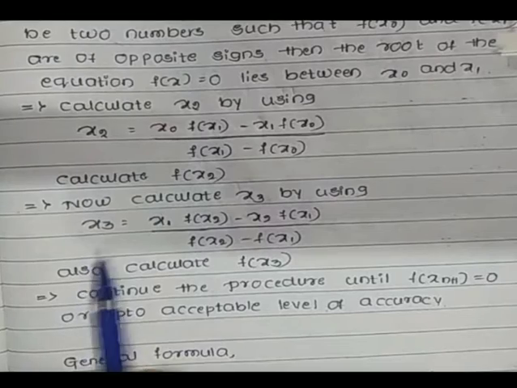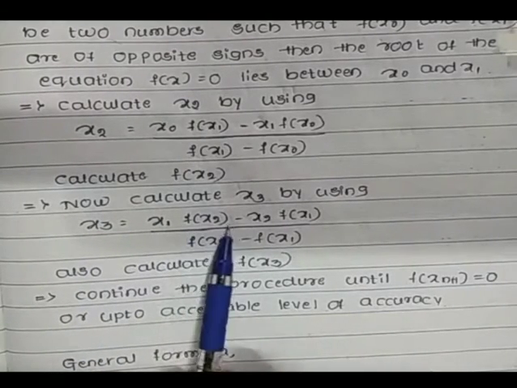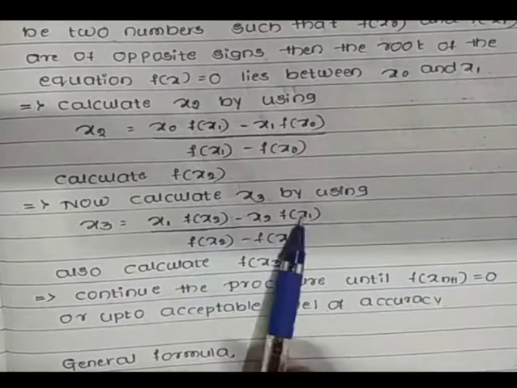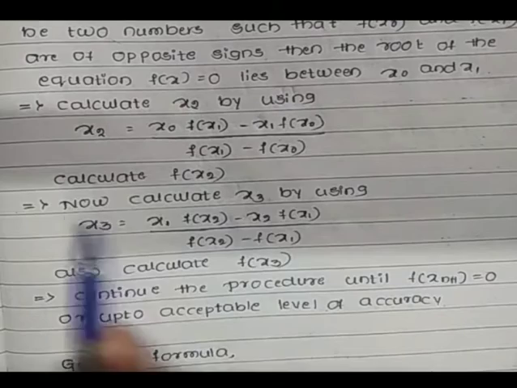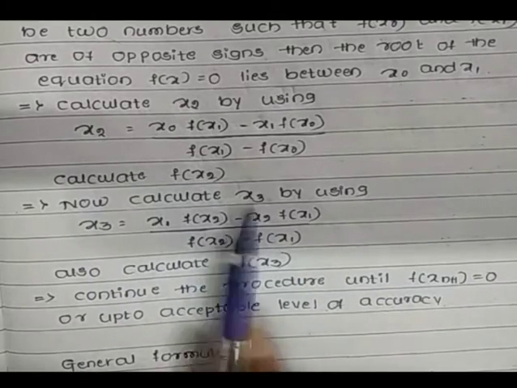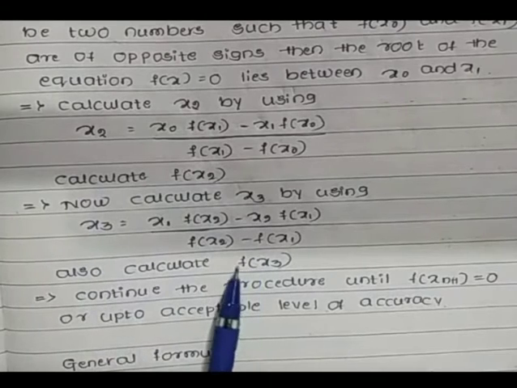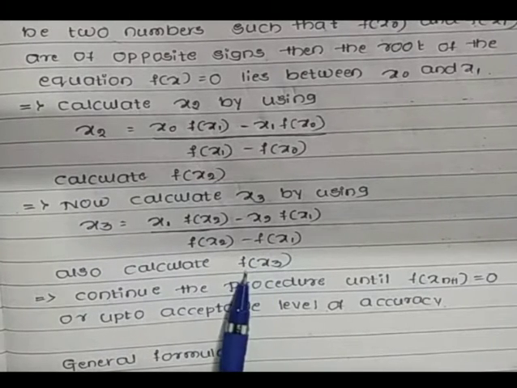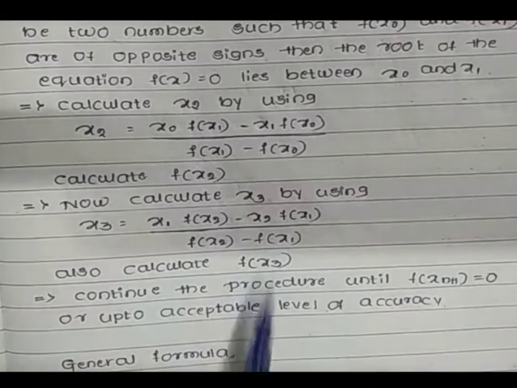So the x3 formula is x1 f of x2 minus x2 f of x1, divided by f of x2 minus f of x1. Then after calculation of x3 calculate f of x3, and again there is no need to check whether it is positive or negative.